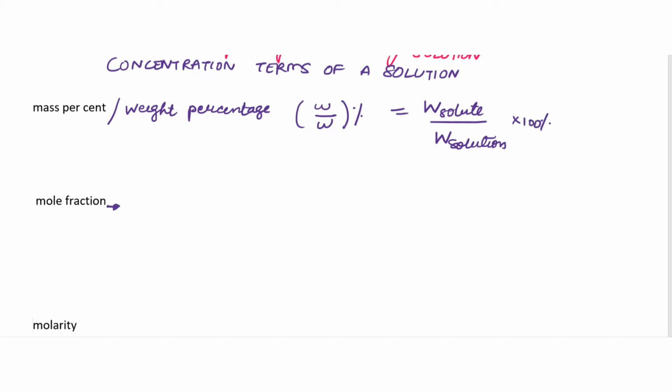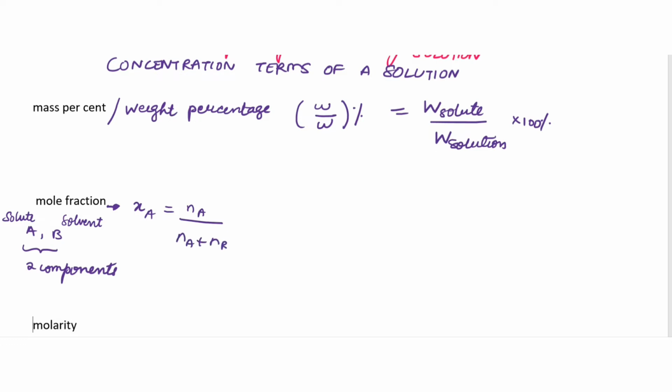mole fraction is denoted by X. That's the symbol. So we consider say two components A and B, where A is the solute. We can write the mole fraction of A component, that is XA, is equal to Na by Na plus Nb.